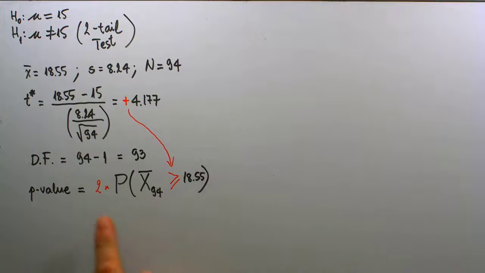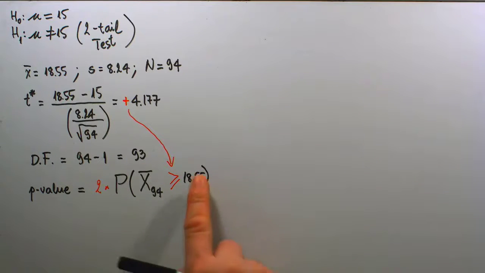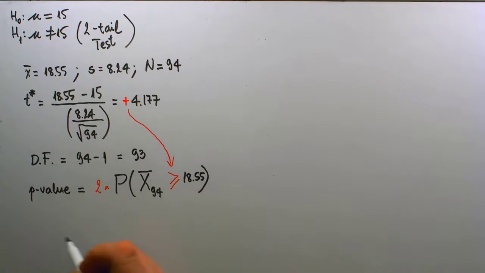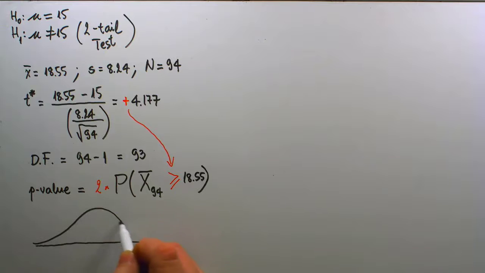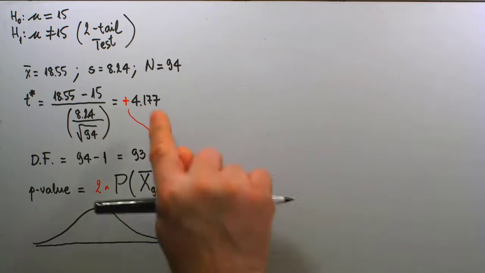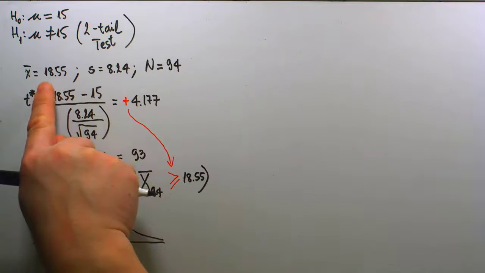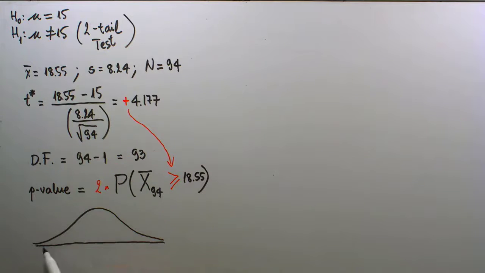And so when it comes to this point, after successfully setting up our p-value as a probability calculation as indicated here, then we can start imagining that our sample, having the value 18.55, is on a bell curve, where the center of this bell curve is exactly at 15.